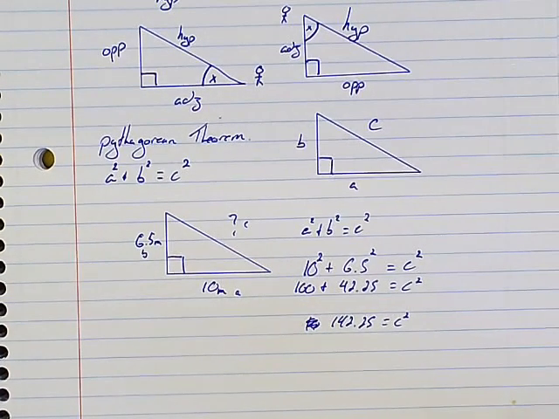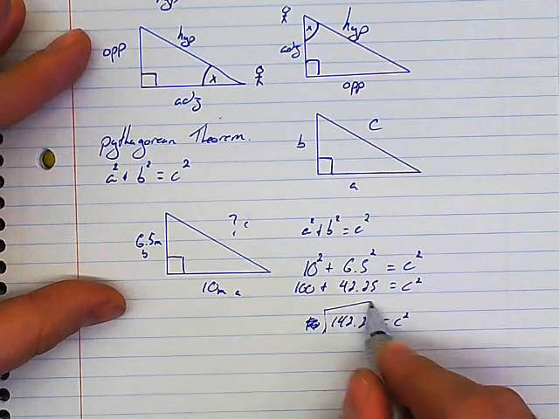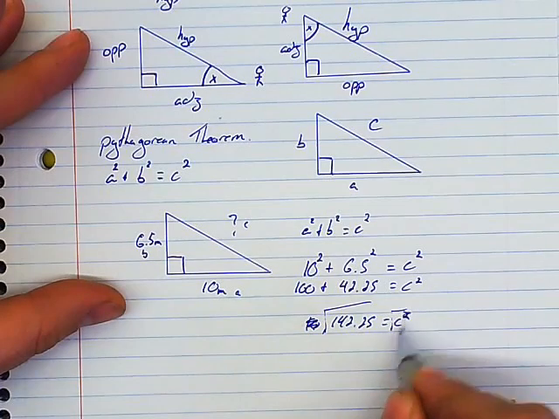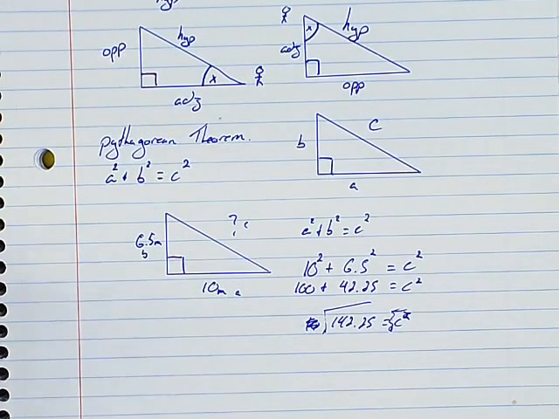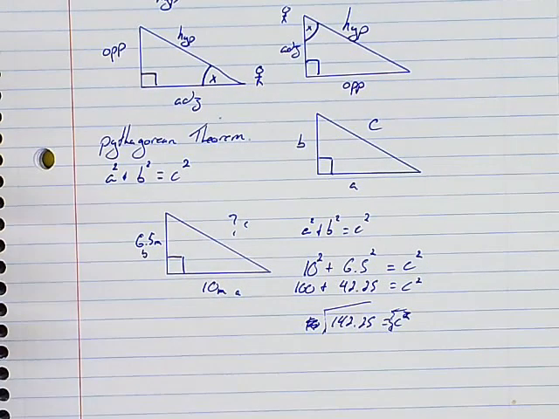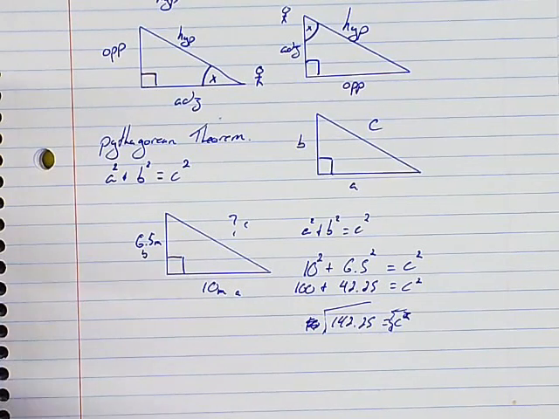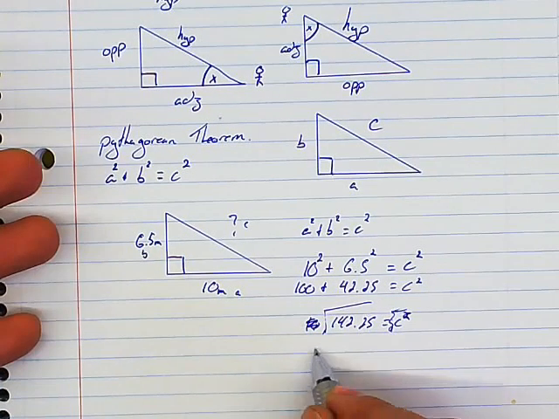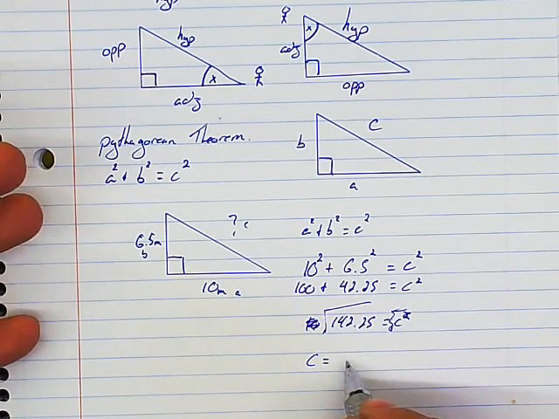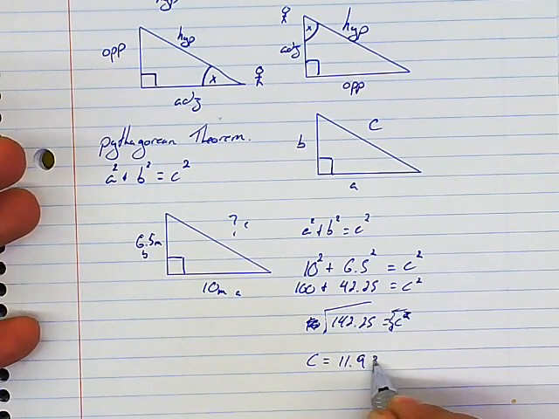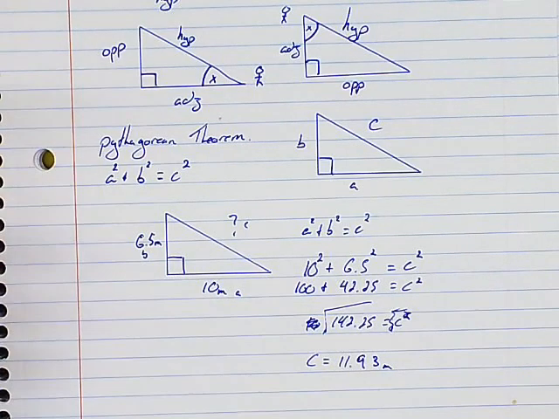And now, how do we get rid of our c squared term? Yes, Adele? Square root. So take the square root of both sides. This essentially cancels out our squared value. So we take the square root of 142.25. We know our side length of c equals 11.9, I'll round up, 3 meters.